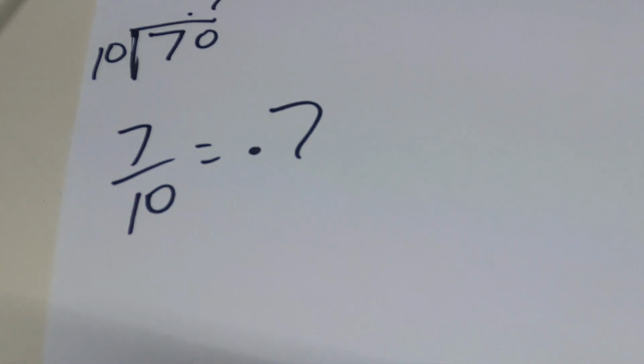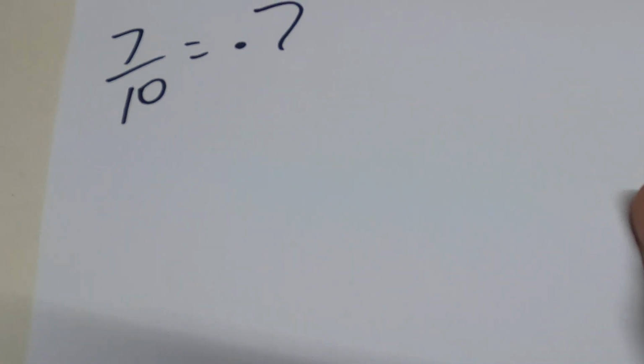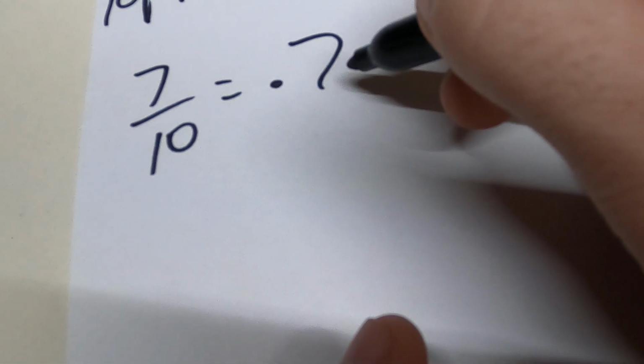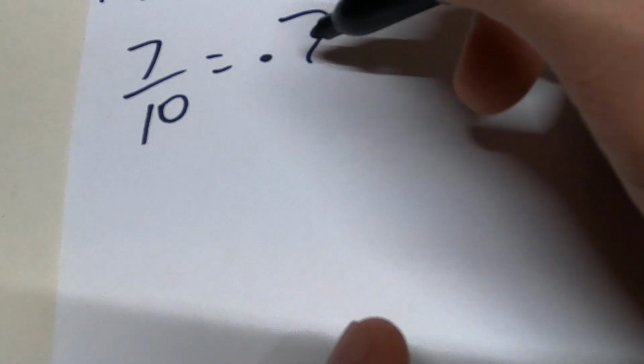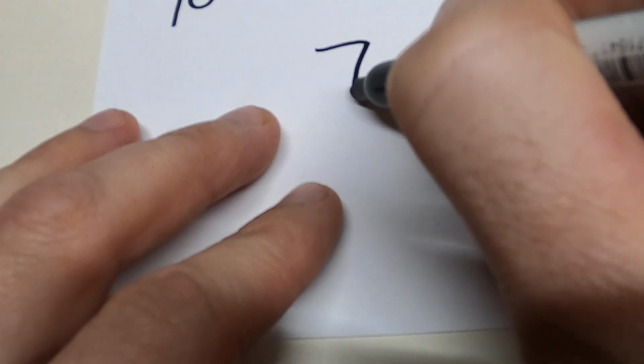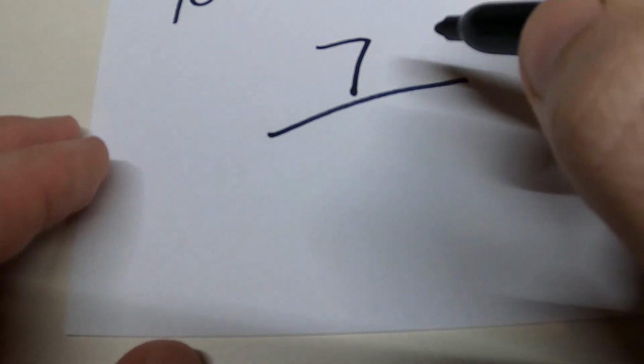How do we find the fraction of a decimal? Well, you basically reverse that process. So, if I wanted to make this into a fraction, if I didn't know it was already 7/10, I'm going to take 0.7 as the top number of our fraction, but I'm going to eliminate the decimal point because we don't use the two of them together.